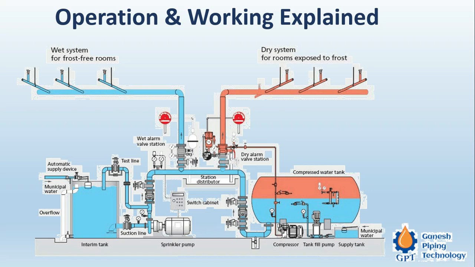Second reason: when some part of this pipe is located external to the building, and if it is a very sub-zero temperature outside, then the water inside this pipe may freeze, and if it freezes, it will stop flowing when the sprinkler has to be operated.